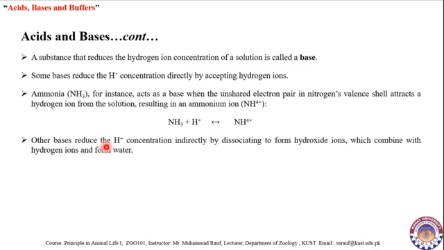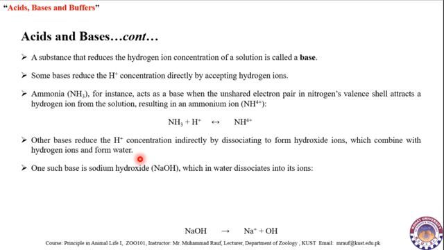Other bases reduce the hydrogen ion concentration indirectly by dissociating to form hydroxide ions, which combine with hydrogen ions and form water. For example, sodium hydroxide, which is a strong base. Sodium hydroxide in water dissociates into its ions, sodium and hydroxide.